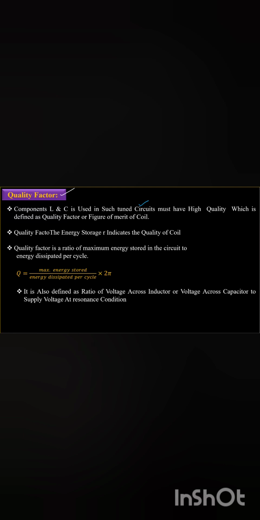Say, for example, in a particular tuned circuit we are using inductors and capacitors. Is it high quality inductors or low quality inductors? Is it high quality capacitors or low quality capacitors? That is measured by the quality factor. Components L and C used in a tuned circuit must have high quality, which is defined as the quality factor or figure of merit of a coil.